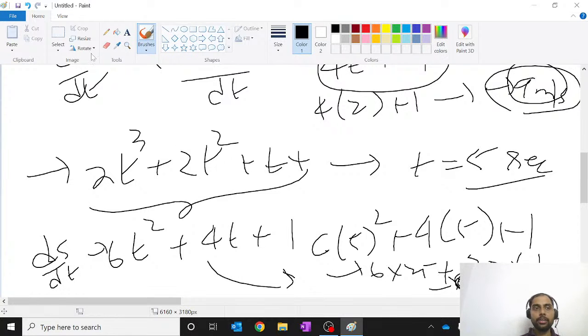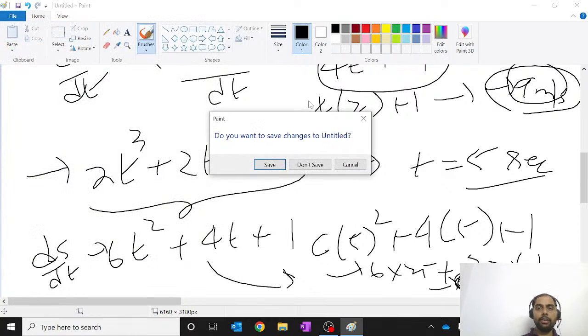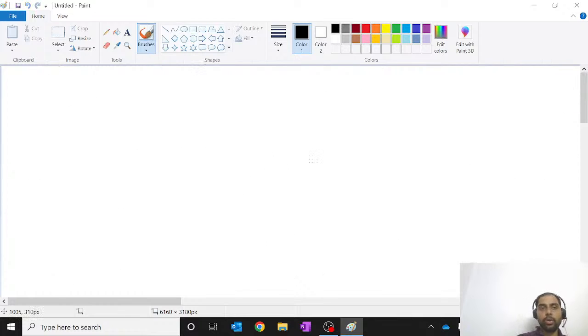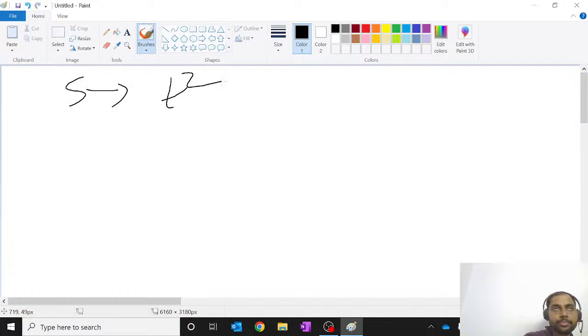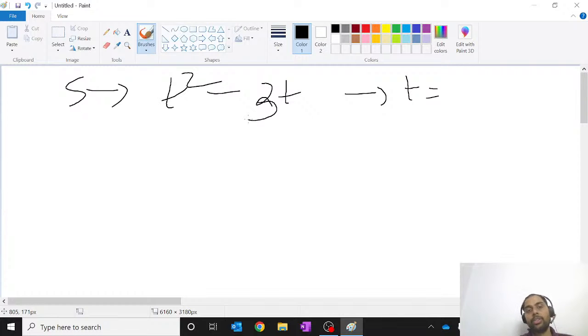Clear, understood. Now you can have similarly, let's say you have s is t square minus 3t, and you are supposed to find the velocity at the instant t is 1 second.